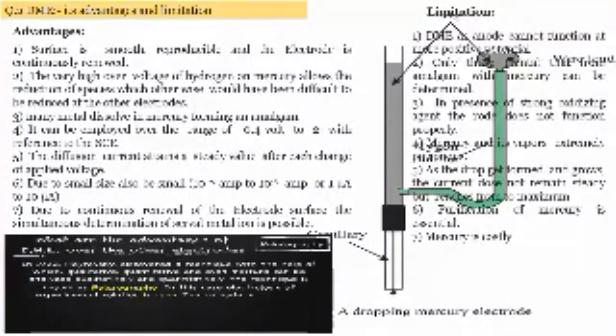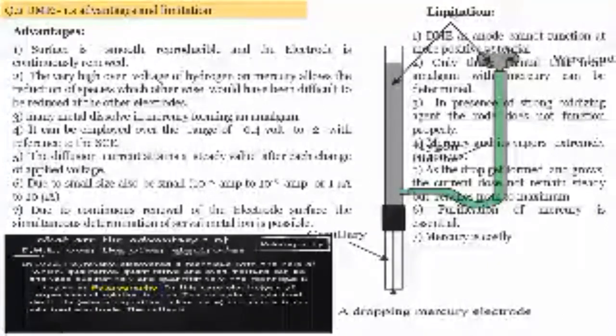The cathode is a polarized electrode where deposition takes place, and the anode is a non-polarized electrode. The cathode is the dropping mercury electrode or DME, and the anode is a large pool of mercury or a reference electrode like the standard calomel electrode with large surface area.